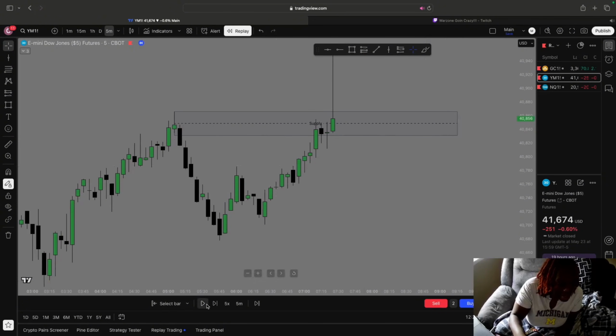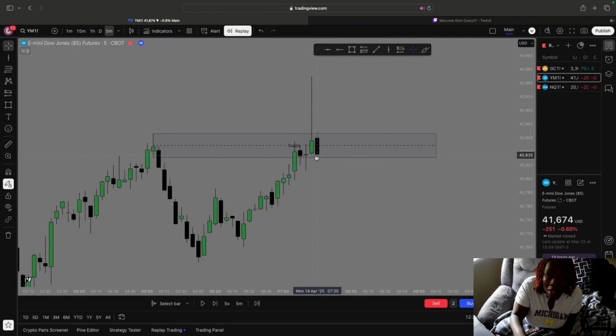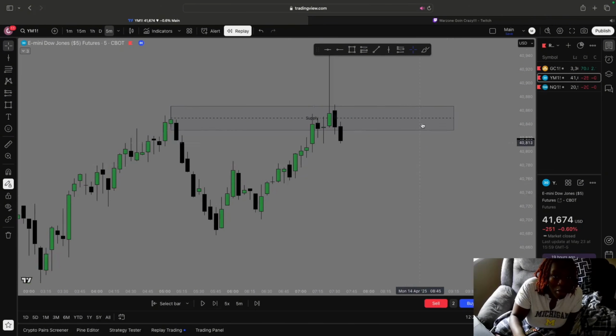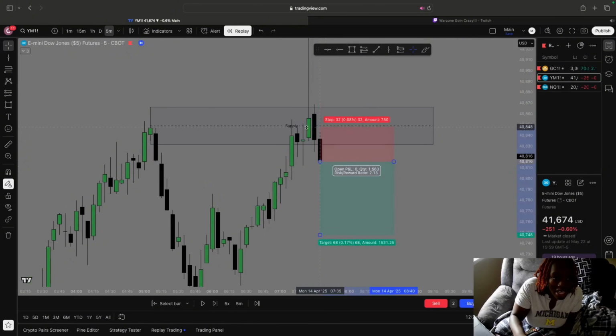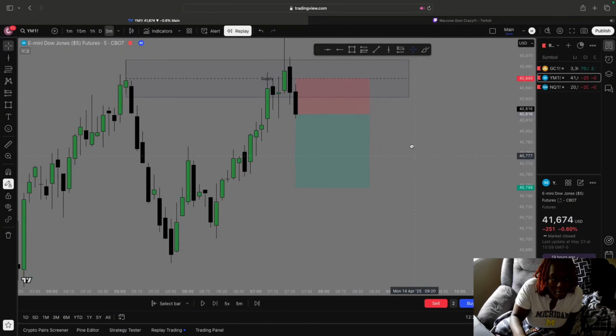So we need a bearish engulfing candle. Now, I would like for it to break outside of the box. I want it to break outside of the box, indicating that it still wants to continue down. Boom. That right there, that would have been good for me. Take it here, and I'm taking it a little bit above this wick here.